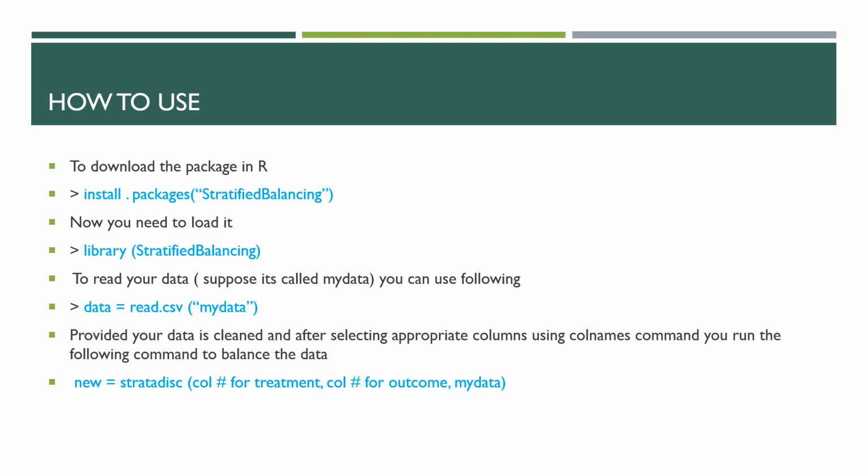Provided your data is cleaned and after selecting appropriate columns using the column names command, you run the following command to balance the data. The command is newdata = stratadisk(), where the column name for treatment comes first, followed by the column name for outcome, and then the name of the data on which you are using this command, which in this case was mydata.